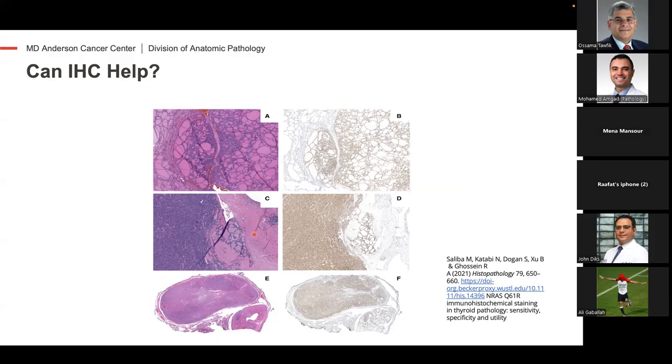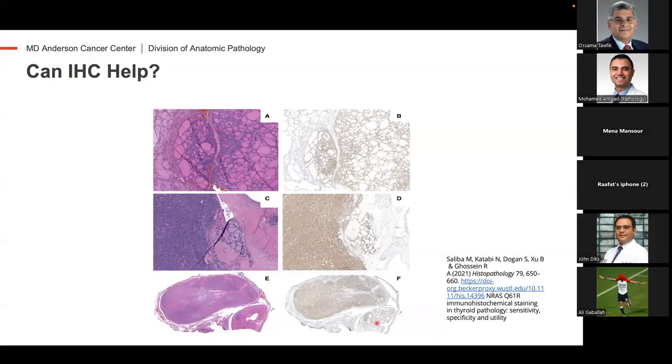Here, I think they might be showing a little bit of vascular invasion, and once you do RAS IHC, you can see that this is part of the tumor. In the bottom panel here, you have 2 follicular lesions in the lobe. We're not sure if this is the same one. If you do RAS IHC, they're both positive.